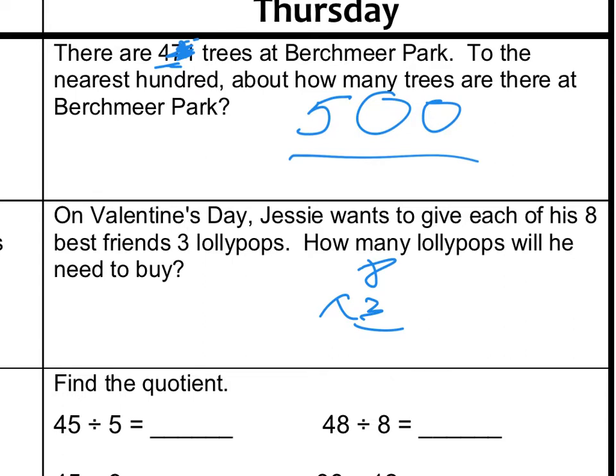The reason you're doing this is because each friend will get 3 lollipops. So when you do this, you're just going to add all of the friends to it. So 3 times 8 equals 24. So overall, you have to get 24 lollipops.